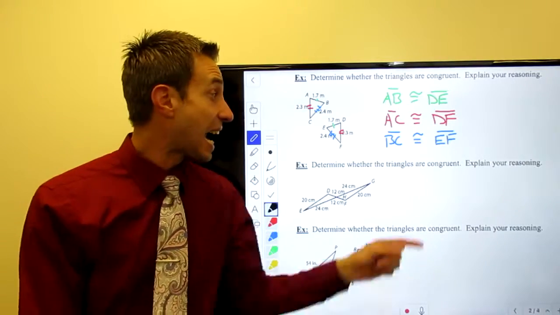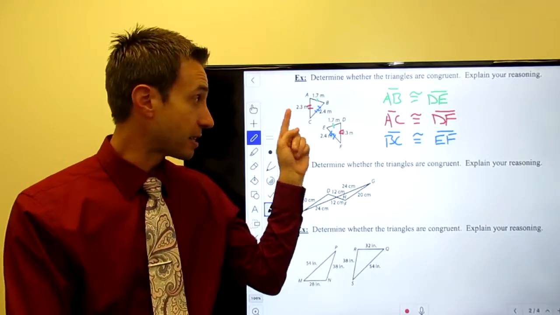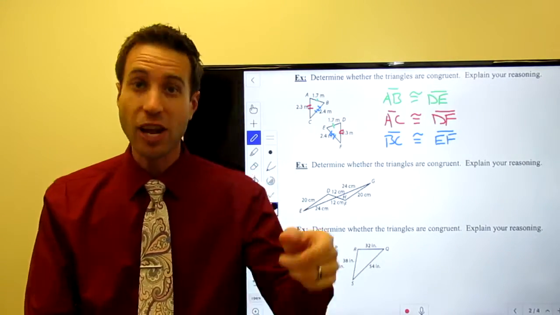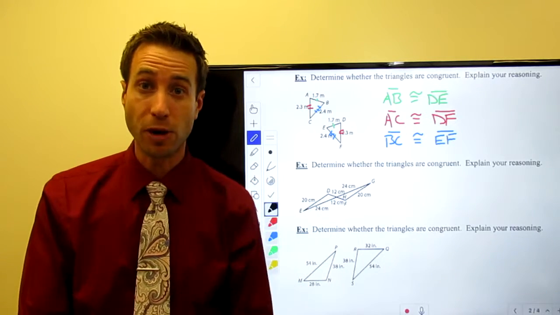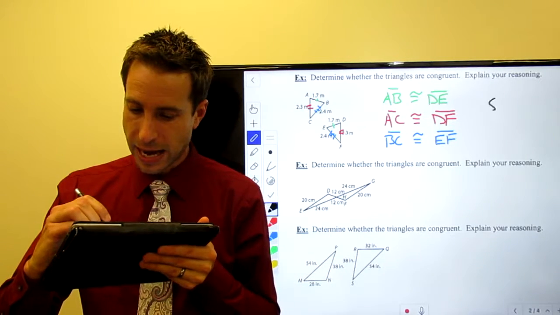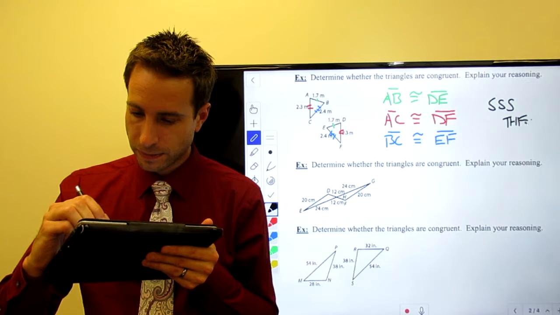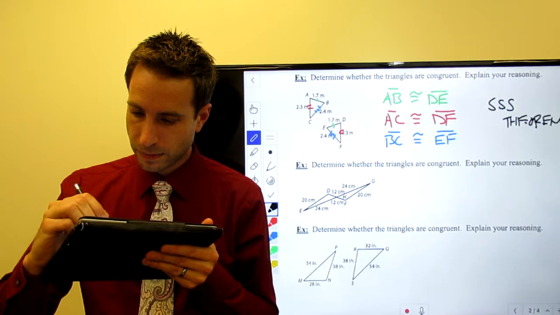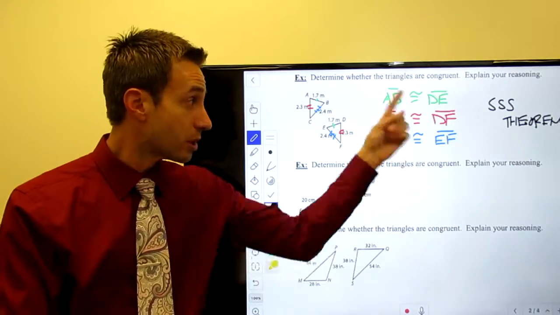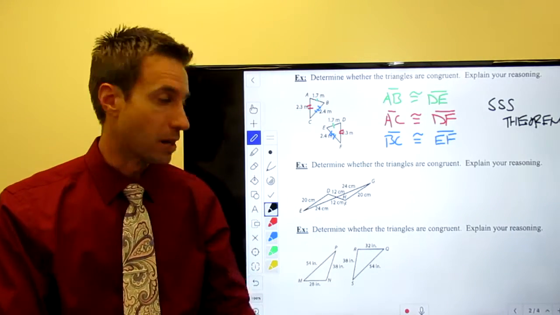So, since I have now shown, based on the diagram I was given, that all three pairs of corresponding sides are congruent, the side-side-side theorem shows that these two triangles must be congruent.